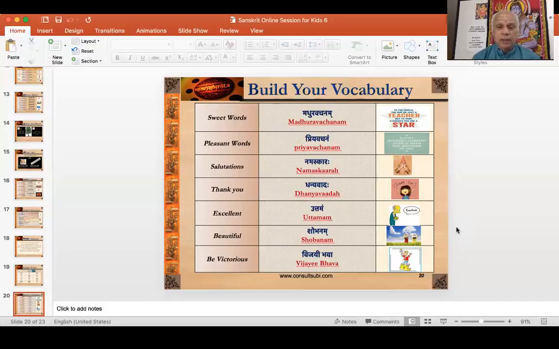If you are going for an examination and I want to say, win the exam or win the race, I say Vijayi Bhava, be victorious. Vijayi is victorious and Bhava means be. Vijayi Bhava. Jaya Vijayi Bhava. Jaya means win. Be victorious. So these are some of the words in vocabulary, and you can jot them down in your diary or something and keep practicing those.